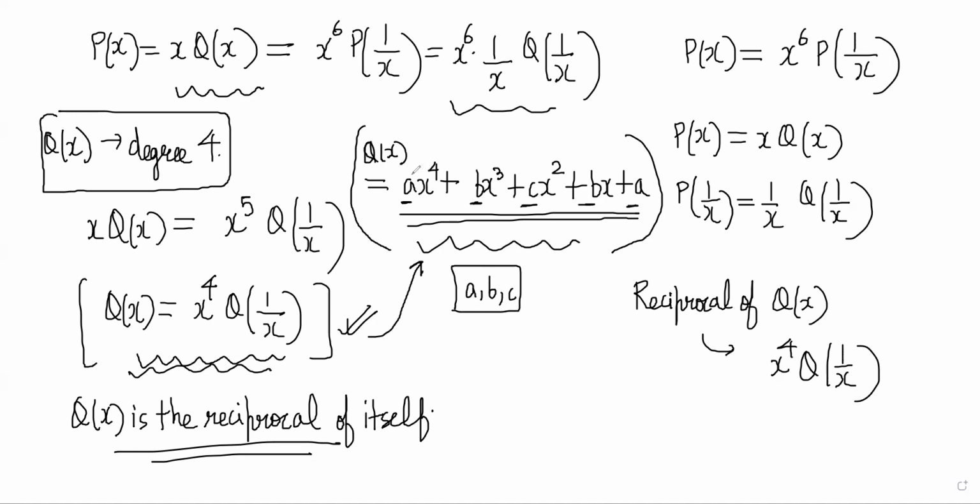So now that we have a characterization of q of x, we roughly have a characterization for p of x as well, right? Because p of x is x times q of x. And now we can use the other data that was given in the problem. We can say that p of 2 was equal to 10 times p of 1. That was the data given in the problem.